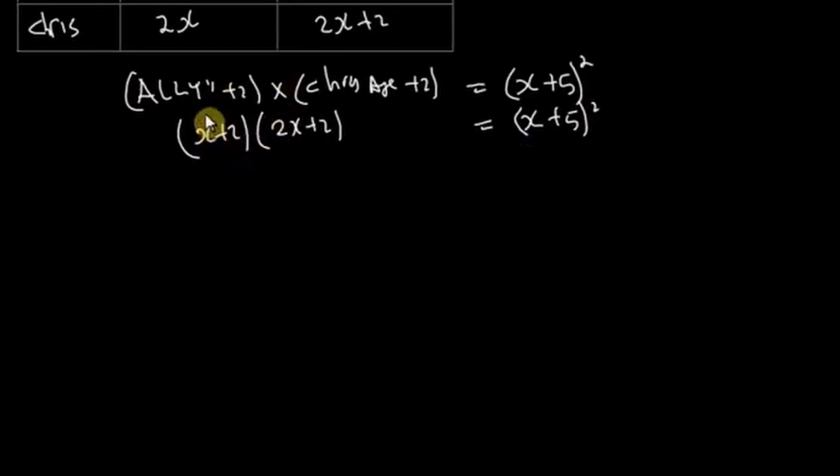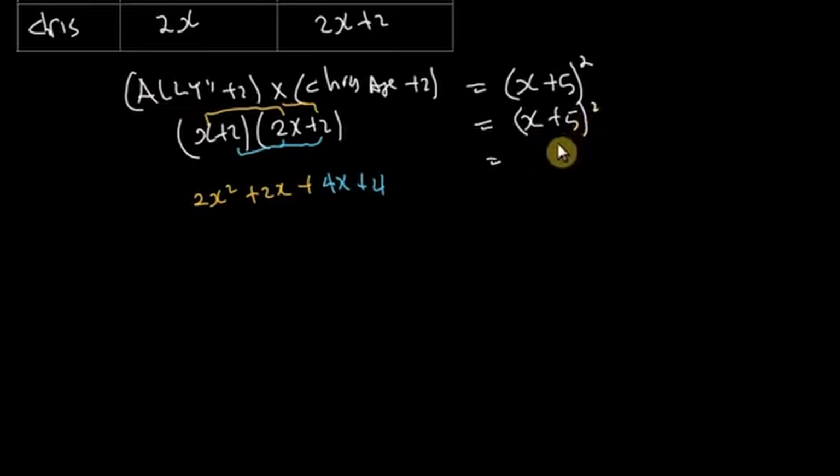So let us distribute x, and we'll also distribute 2. So let's start with x. So we have x times 2x is 2x squared, and x times 2 is 2x, plus, let's distribute this 2. 2 times 2x is equal to 4x plus 4. And that is equal to expanding this bracket.